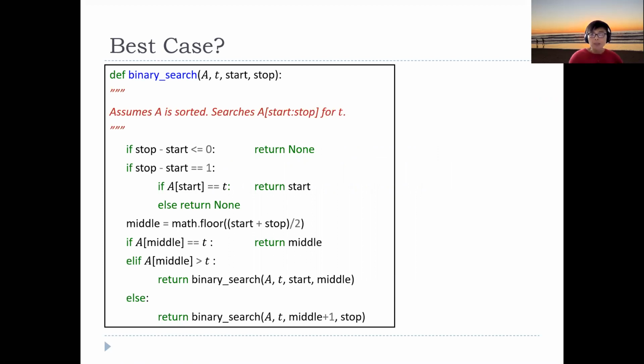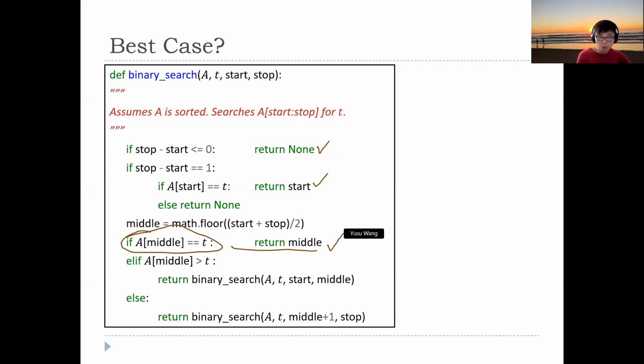Now, let's look at this and first ask ourselves what is the best case of this algorithm? The worst case takes some time to analyze, but the best case for this algorithm is actually simple, because if we get lucky, you either return here, or you check the middle, and the middle happens to be the number you're looking for, then we immediately return.